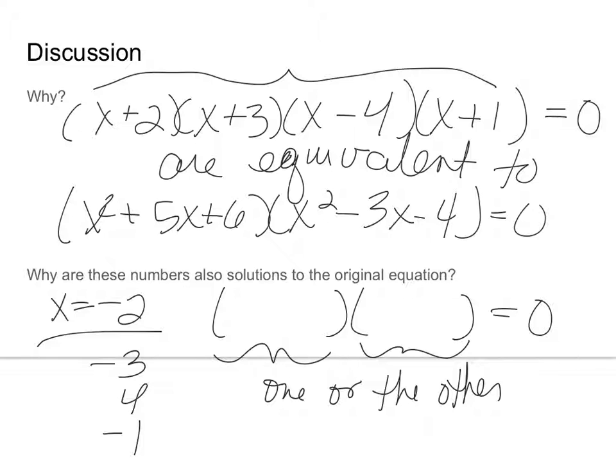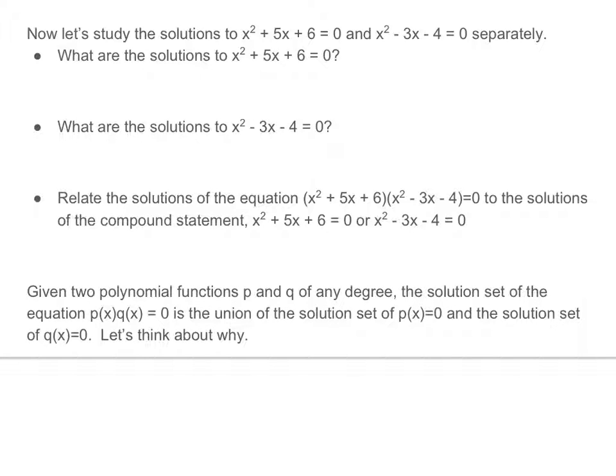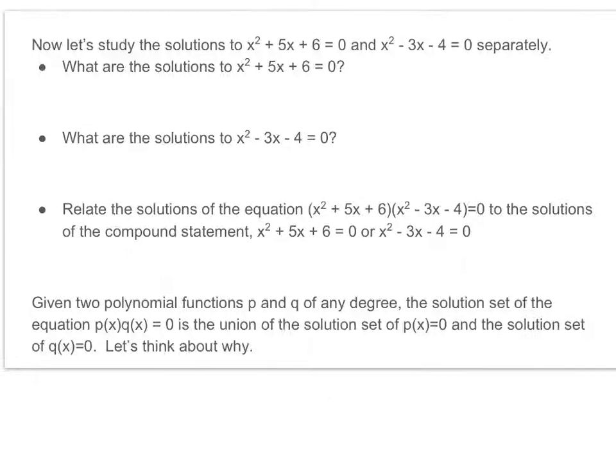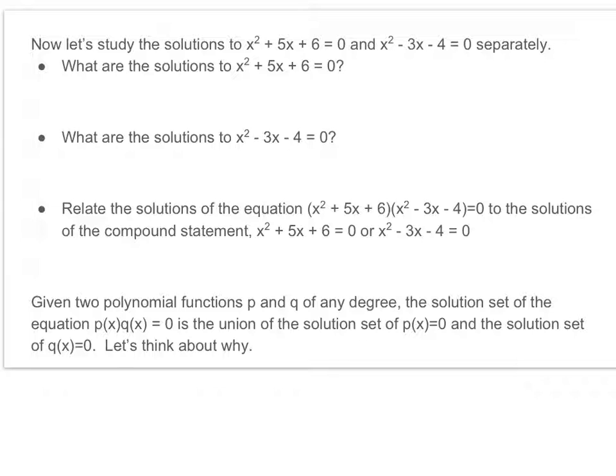Cool. I need to point out one of my mistakes. I'm going back a slide. All right, so let's study the solutions to the two separate equations separately. So we're just breaking this thing down into itty-bitty little parts. You may already understand and want to move on, but we're going to break it down a little bit.